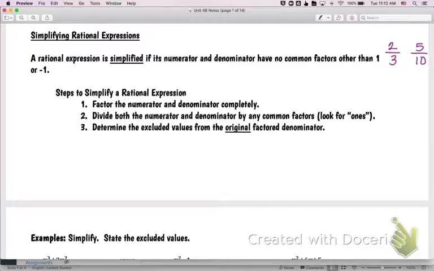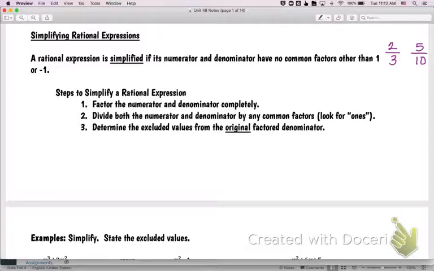We're not working with numerical values, though. We're working with polynomials. The rule is you can only cancel out factors, okay? Never terms. So here's the steps we're going to follow. We're going to factor the numerator and the denominator completely. And then you're going to divide the numerator and the denominator by any common factors.